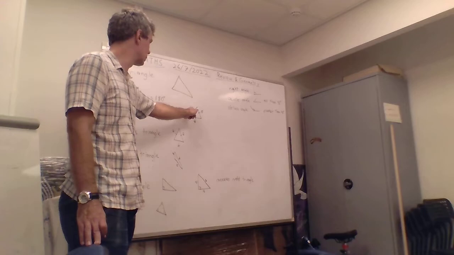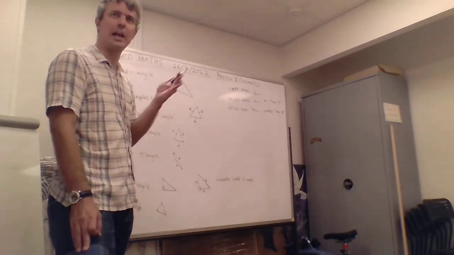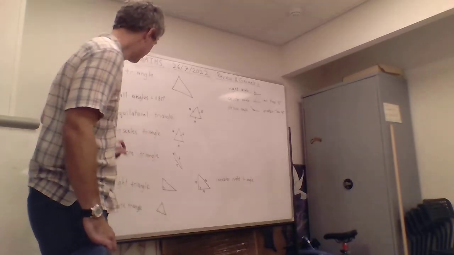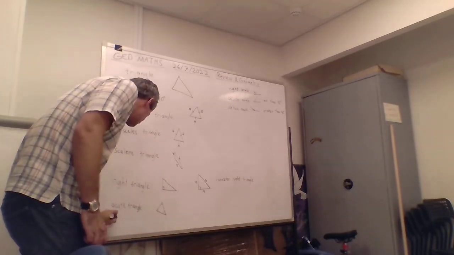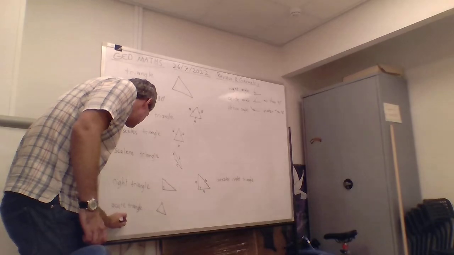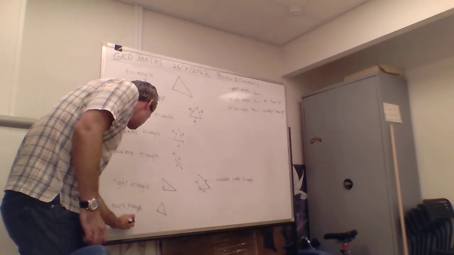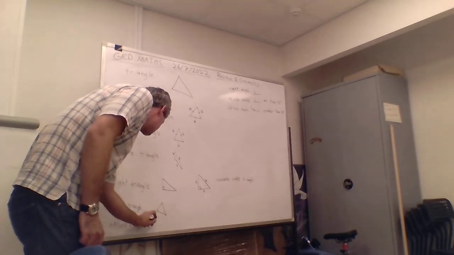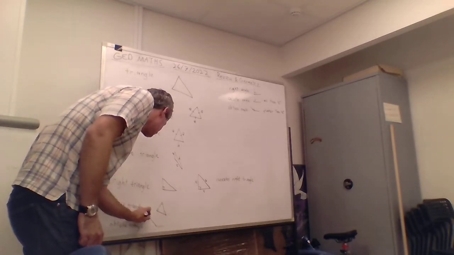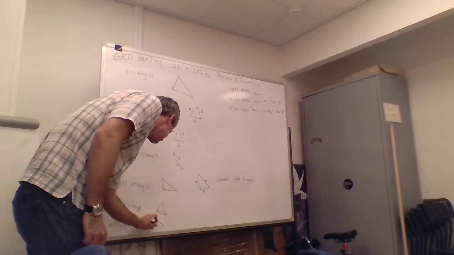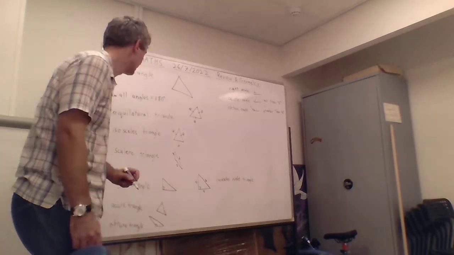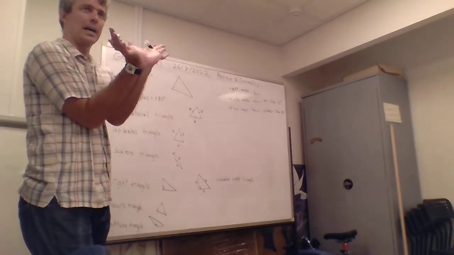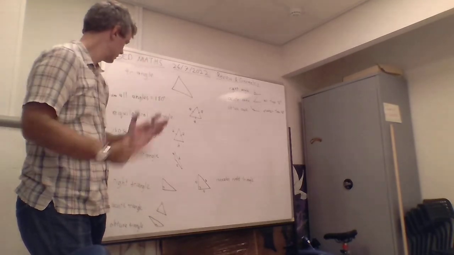Because all the angles are equal, and they all add up to 180. So each one must be 60. And the final one you can have is an obtuse. Okay, an obtuse triangle has one of the angles more than 90. You can have an isosceles obtuse triangle as well. It just has one big angle, but the other two sides are equal. Okay?